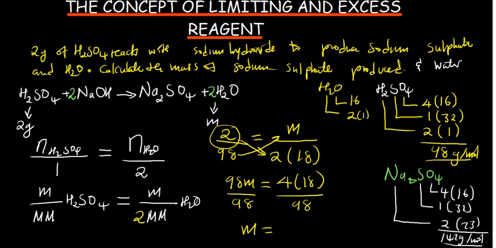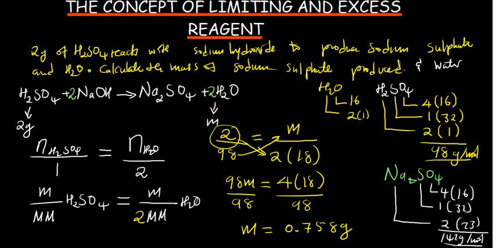You multiply 4 by 18 and then divide by 98. That is going to be 0.758 grams. Mass is in grams. So that is how you can find the mass for water. Is this fine? Okay.